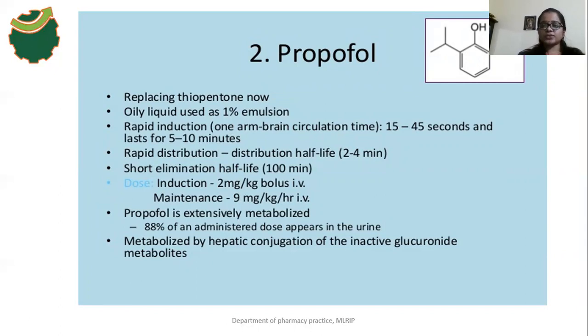Metabolism consists of two phases, phase 1 and phase 2. Phase 2 reactions are the conjugation reactions: glucuronyl conjugation, glycine conjugation. Here propofol is conjugated with glucuronic acid. Only after conjugation with glucuronic acid is propofol inactivated, and the metabolites of propofol are excreted through the urine.